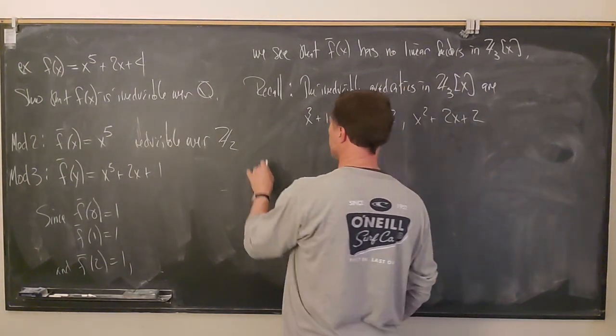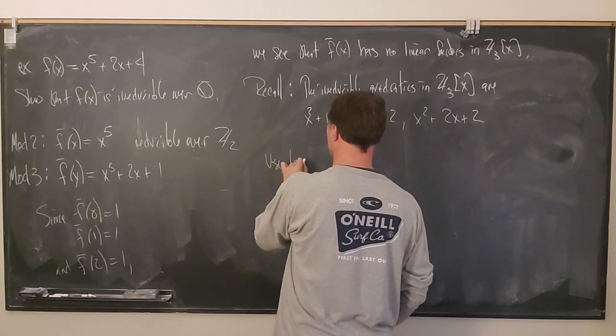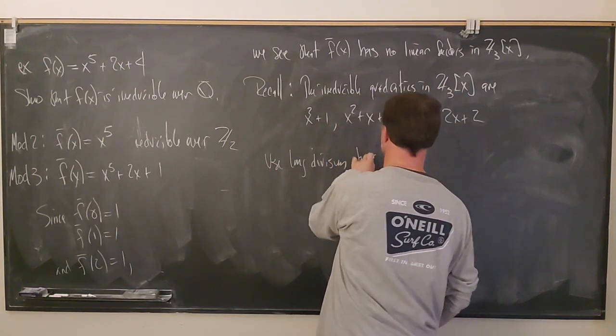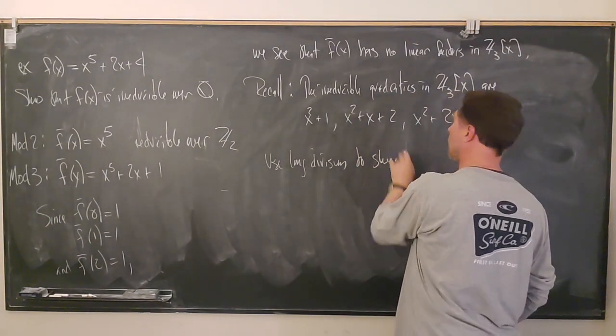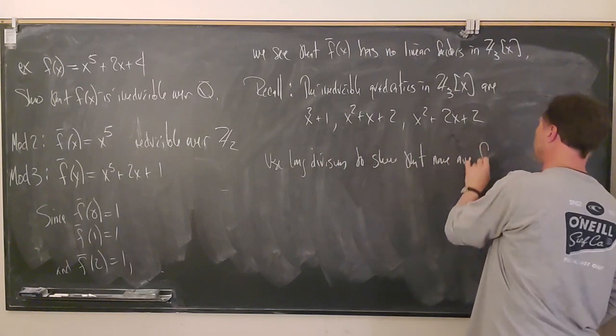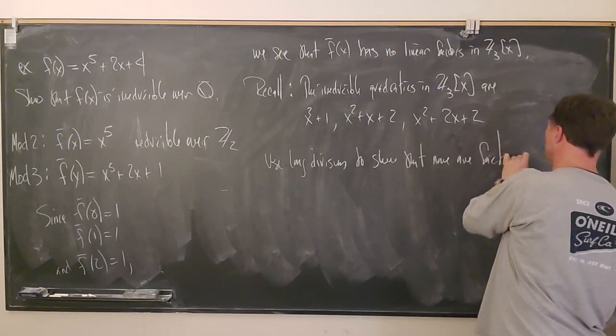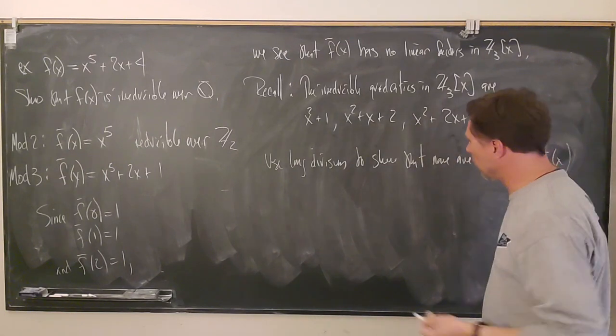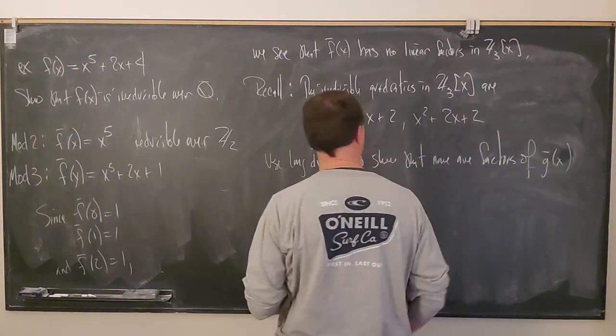So use long division to show that none are factors of g bar of x. I mean, I don't know if you want to see me do long division. All right, let me just do one of them. So I'll do the middle one here.